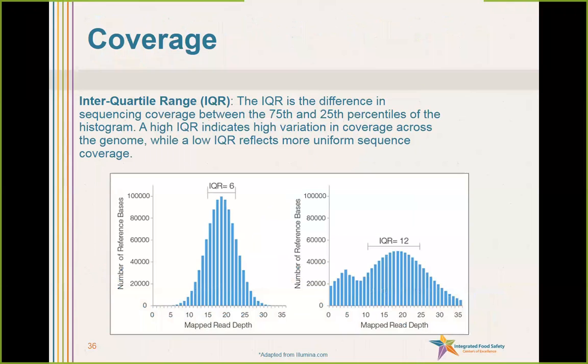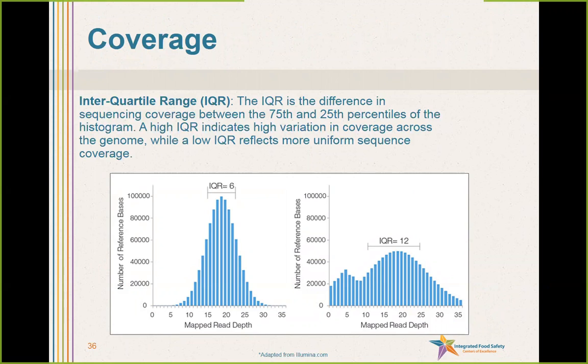Next, let's describe coverage in a little bit more detail. Let's start with the interquartile range, or IQR. This is the difference in sequencing coverage between the 75th and 25th percentiles of the histogram. A high IQR indicates high variation in coverage across the genome, while a low IQR reflects more uniform sequence coverage.